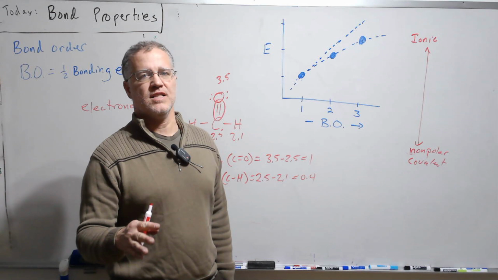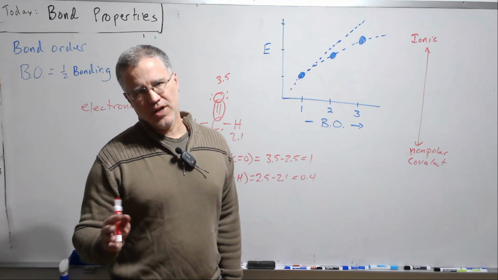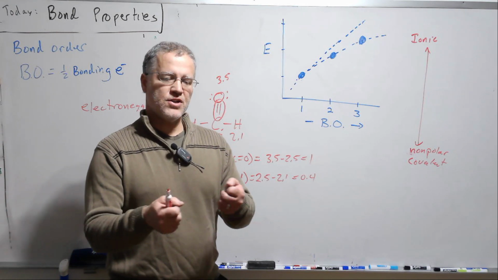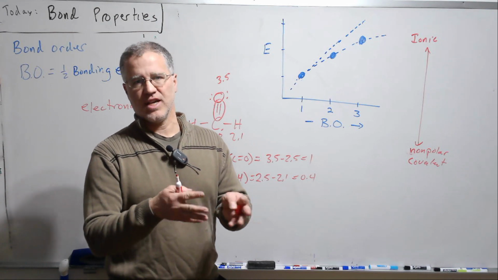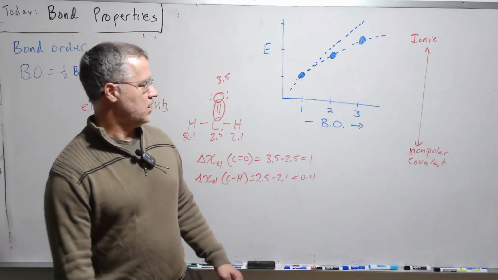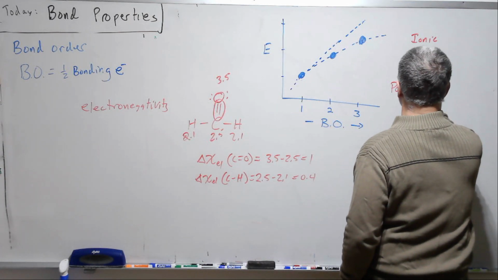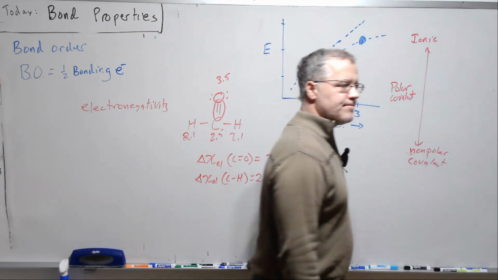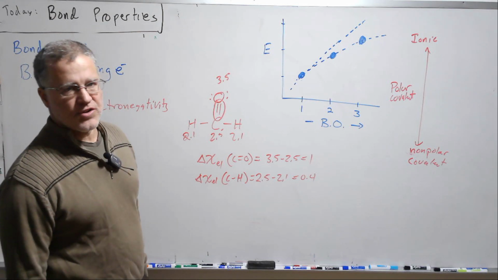Completely nonpolar covalent bond means the sharing is equal. And this pretty much happens only when the 2 atoms are the same, although there are some elements with very similar electronegativity. So if that's the case, then we would have a completely nonpolar covalent bond. And then somewhere in the middle here, we have a polar covalent bond.